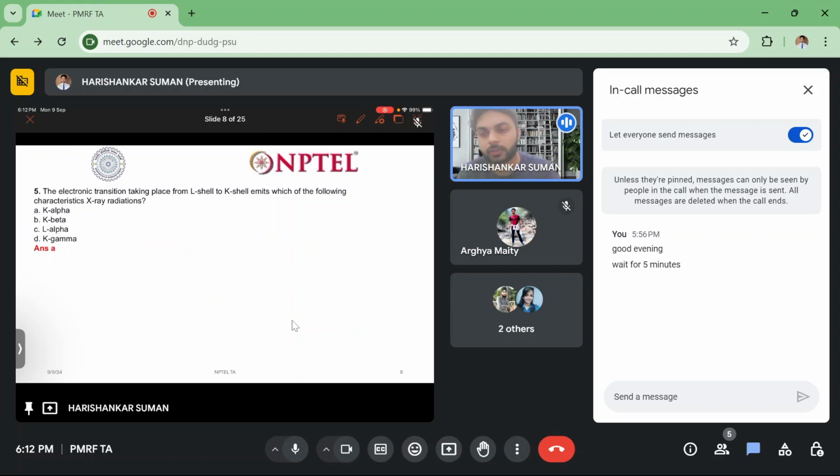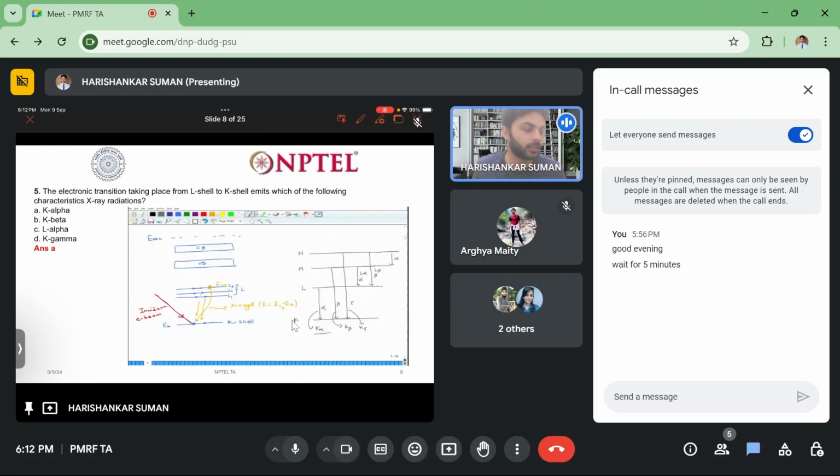So the answer is K alpha. Let's see. There is a picture taken from the lecture, and you can see K alpha, K beta, K gamma. If the transition is from L to K, this is known as alpha.